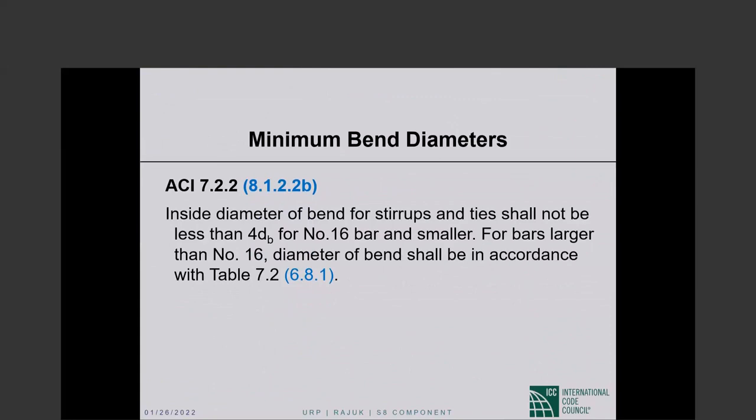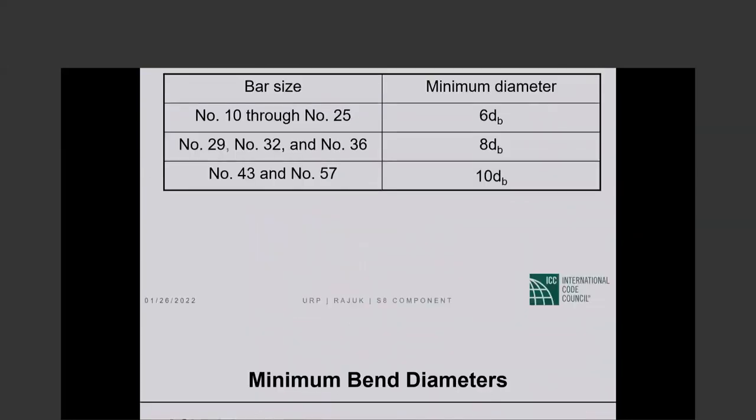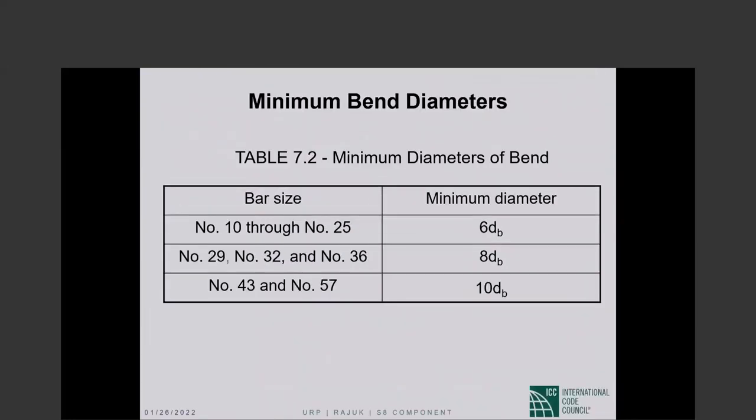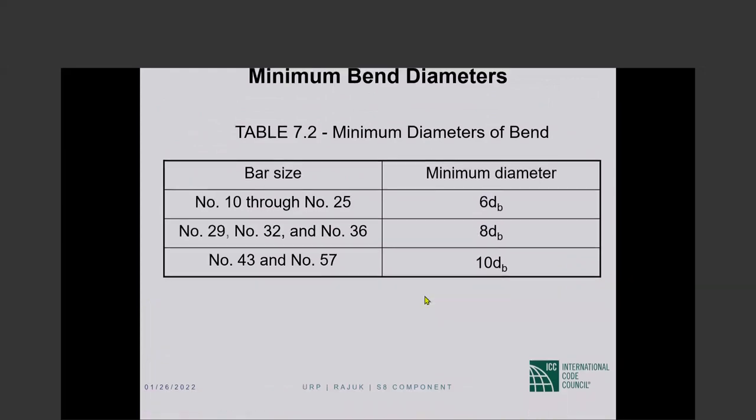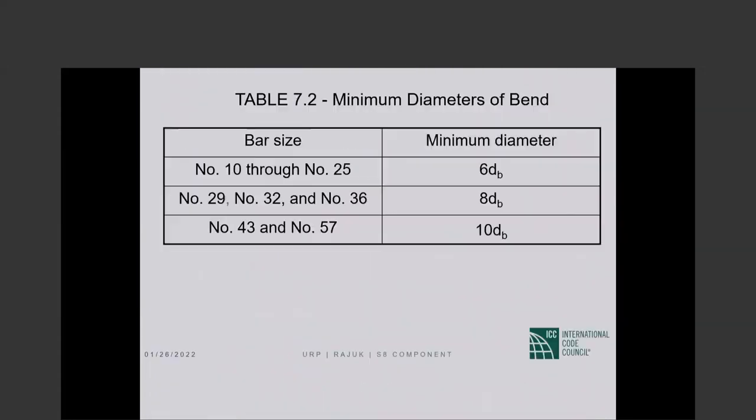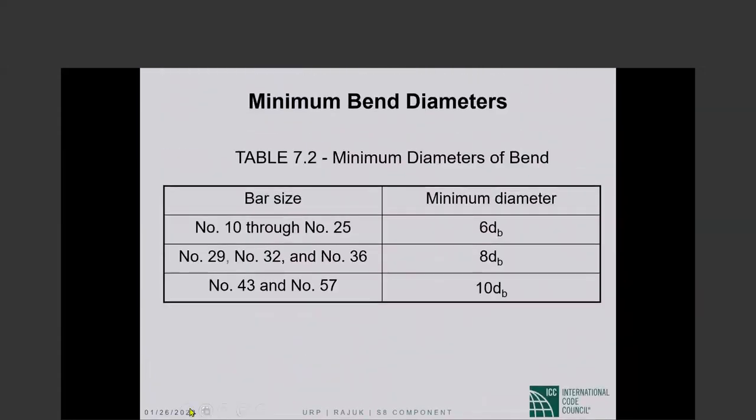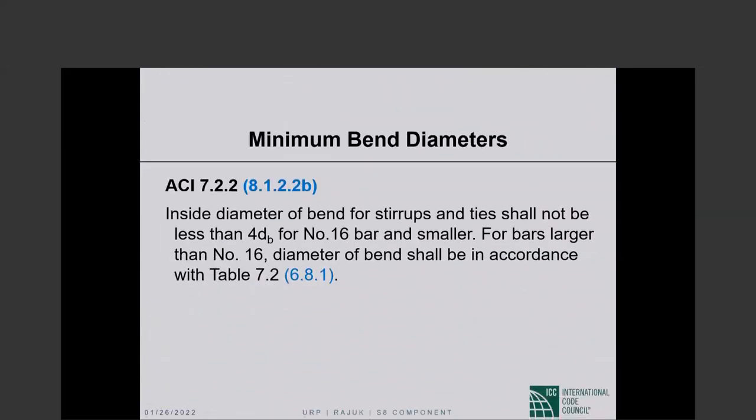For bars larger than number 16, these are stirrups and ties made up of bars that are larger than number 16 in size, then the diameter of bend has to be the same as for longitudinal bars. Okay, so number 16 onwards, you will switch to this table, and the bend diameter will be 6 bar diameter, 8 bar diameter, etc. Although these large bars are not ever used for ties or stirrups.